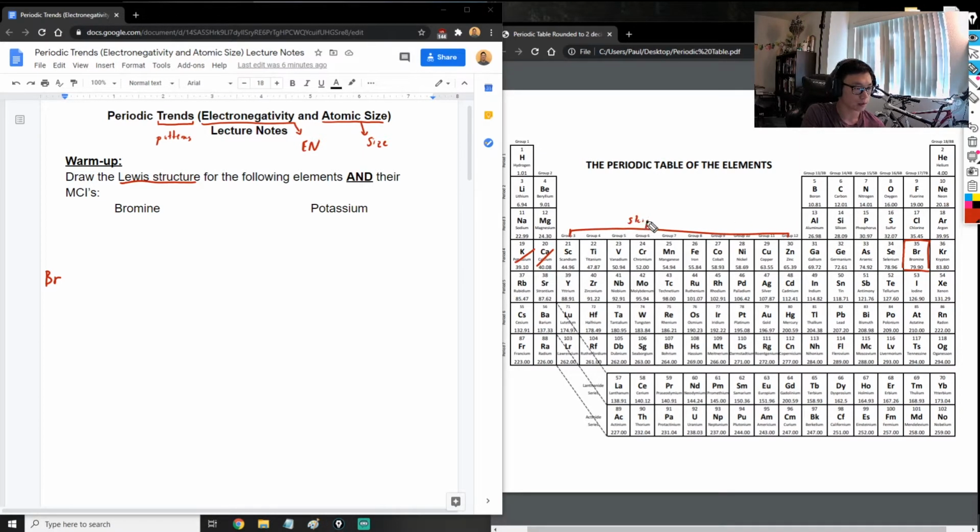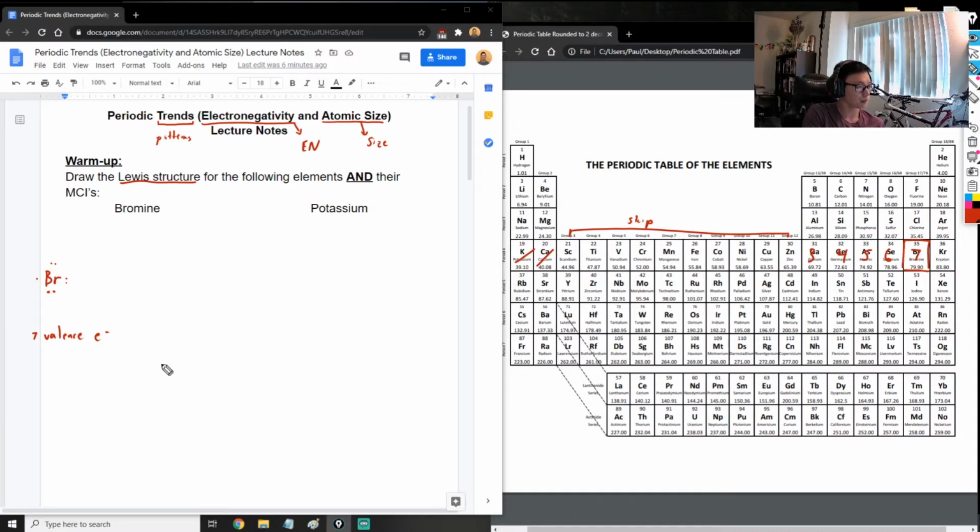So we go 1, 2, and then skip. 3, 4, 5, 6, and bromine is box number 7. That means bromine is going to have 7 dots around it. So that means that bromine is going to have 7 valence electrons.